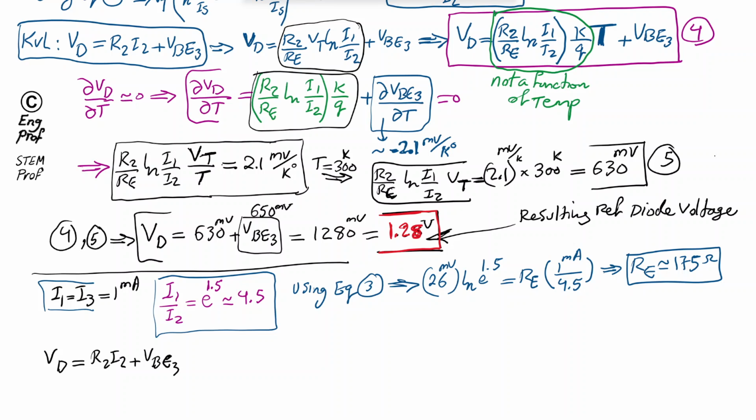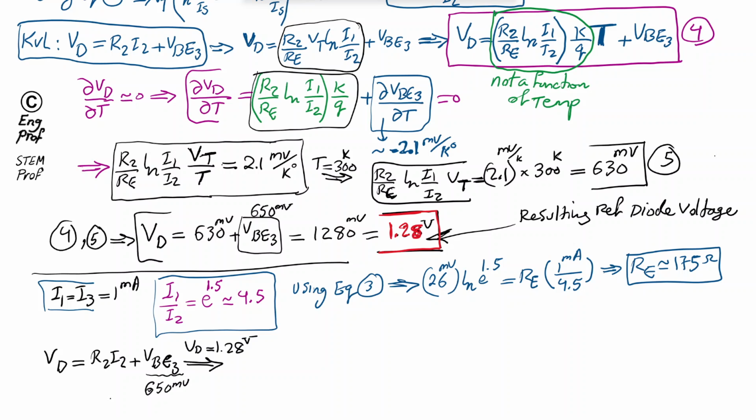Basically, I'm repeating the equation that I showed before. So let's substitute VD equal to 1.28 volt, which we proved is a fixed voltage we are generating using this circuit. And then VBE3, which is the base emitter voltage of transistor T3 at the nominal room temperature junction, is 650 millivolt, about 0.65 volt.